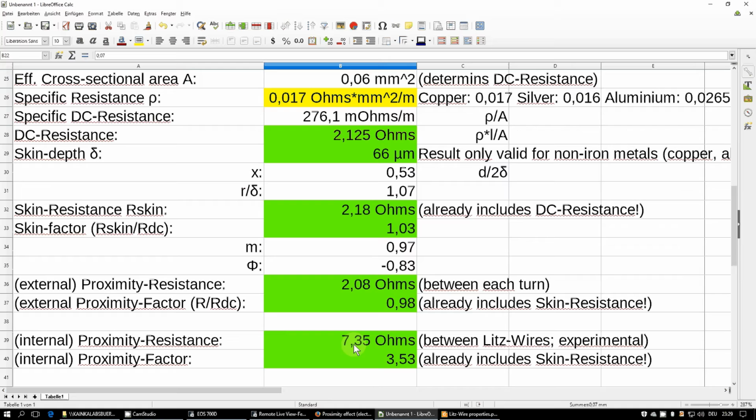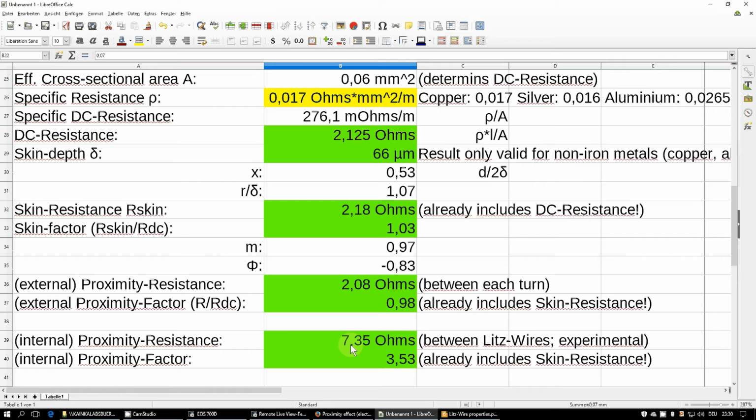Skin effect and proximity effect just raise the ohmic resistance because the current no longer flows through the whole cross-sectional area evenly, but is concentrated on a small part of the outer layer. And now we get what I call the proximity resistance of our coil of approximately 7.35 ohms.